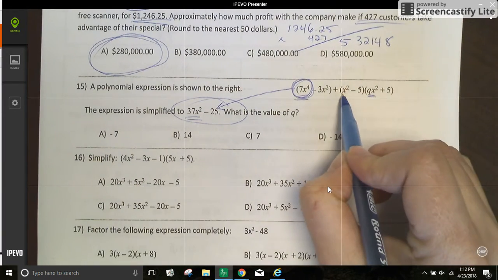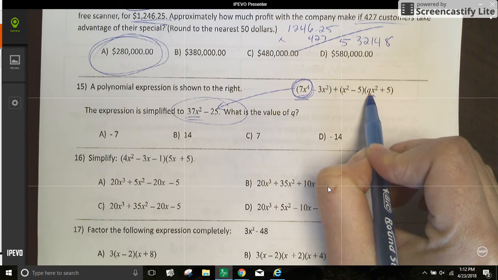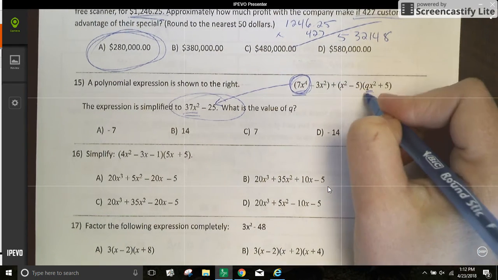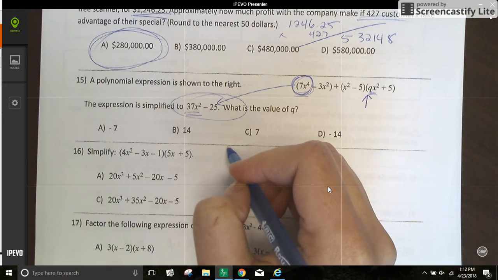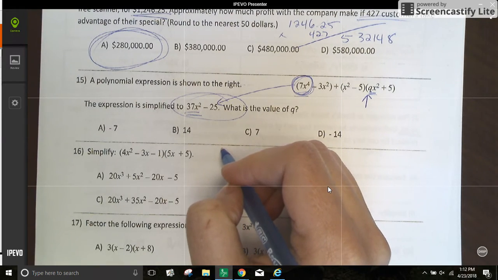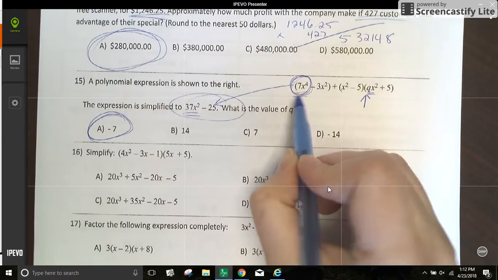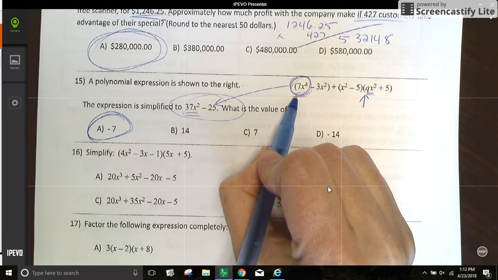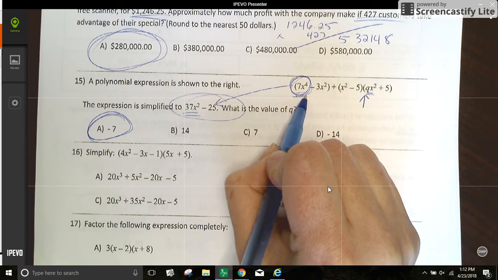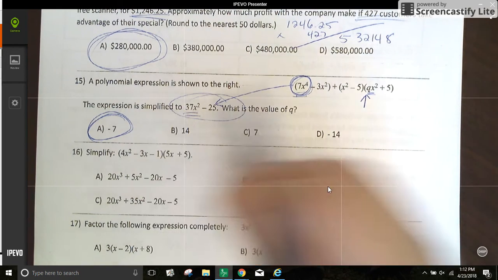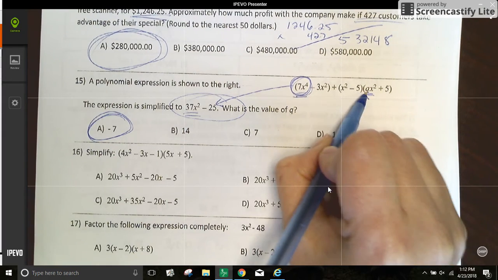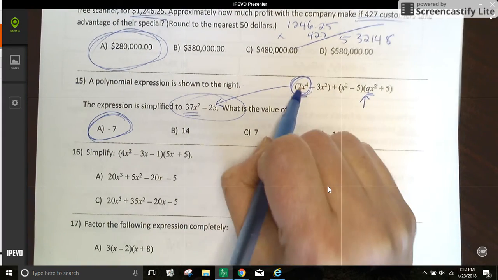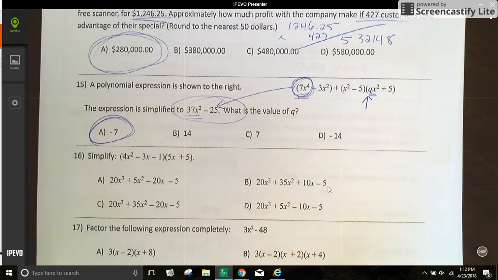Well, x squared times x squared is x to the fourth, but I need this Q to be a negative 7 so that it cancels with this positive 7. So in the question, there's a fourth. In the answer, there's not. So for this to get canceled, this needs to be negative 7 so that it cancels with the 7.